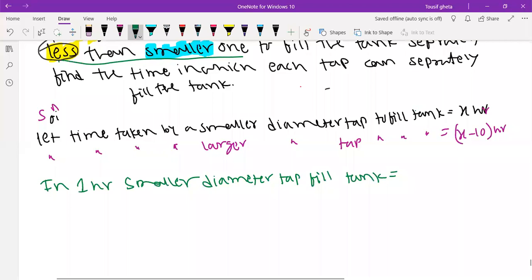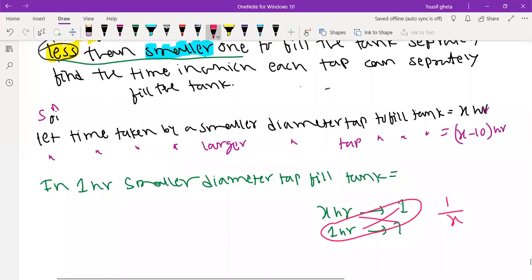The smaller diameter takes x hours to completely fill the tank. In 1 hour, how much of the tank will be filled? X hours for one complete tank, so in 1 hour, you cross multiply and get 1 into 1, 1 divided by x. So that is what you should write. You should take it for 1 hour, not for the total time.